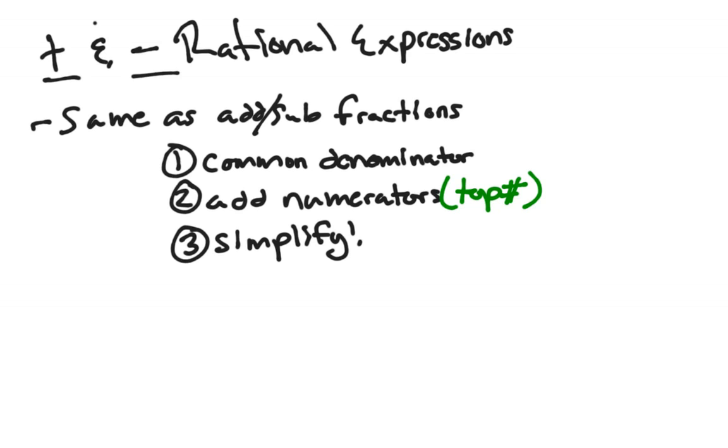So rather than deal with them when they're expanded, we want to deal with them when they're factored. So before we do any of this with rational expressions, we need to factor. And that is the only step that we're going to add. Everything else is the same as what you would do if you were dealing with a fraction.